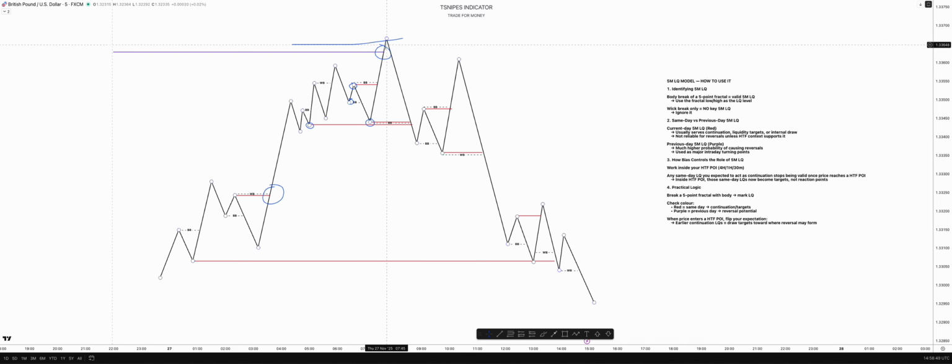We'll get confirmation that price is ready to start moving down, and as soon as we get that, all of these things that we were looking to buy from now become targets.